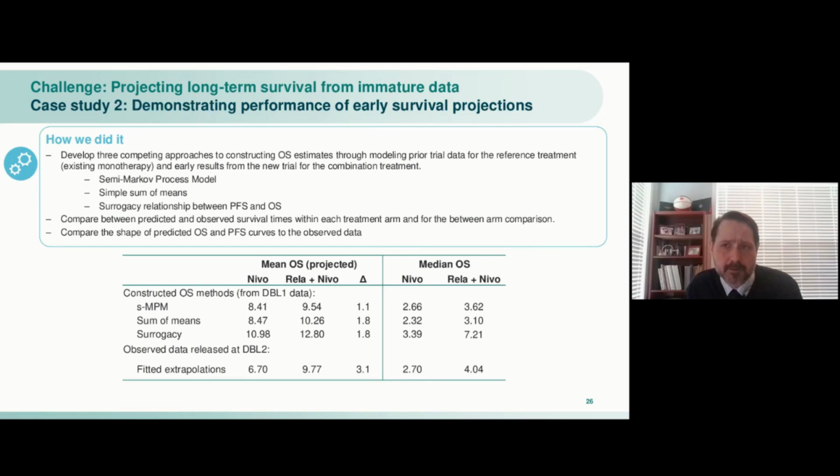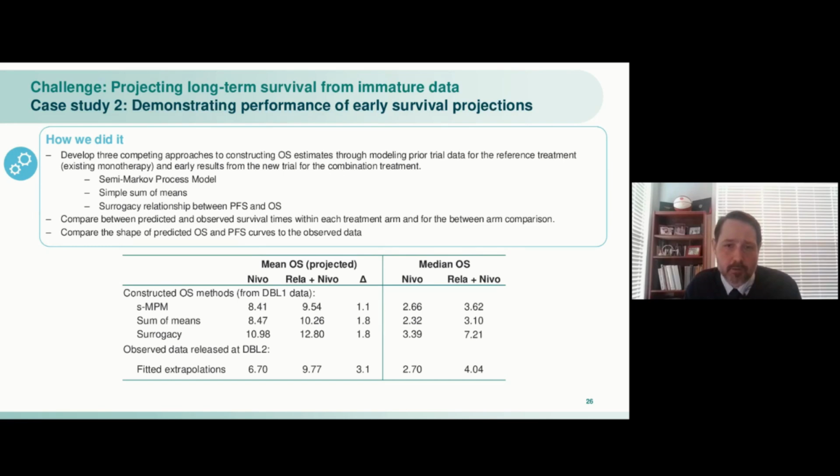And what we found was that each of the constructions we developed produced a crude survival estimate that was optimistic. It was above the observed data. But the between treatment difference in our constructed overall survival curves was underestimating what the trial predicted.